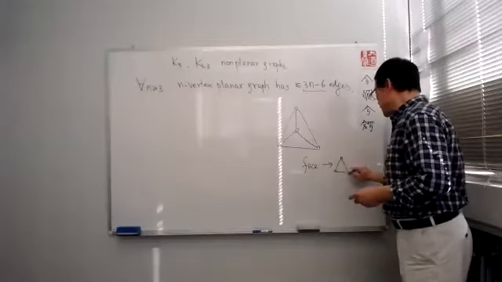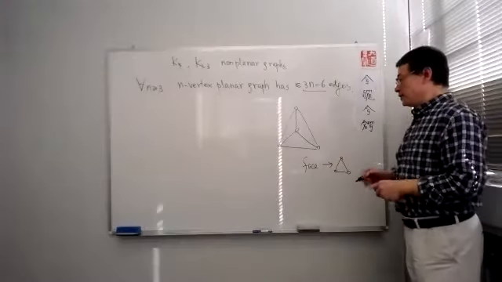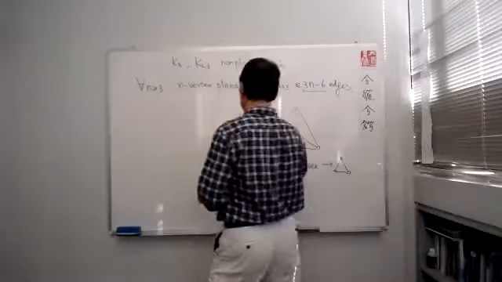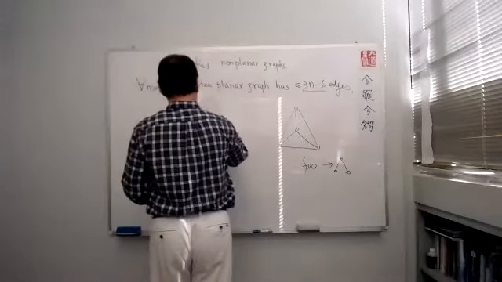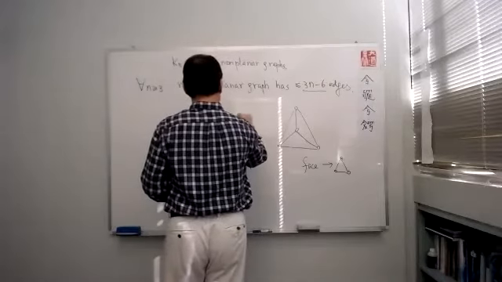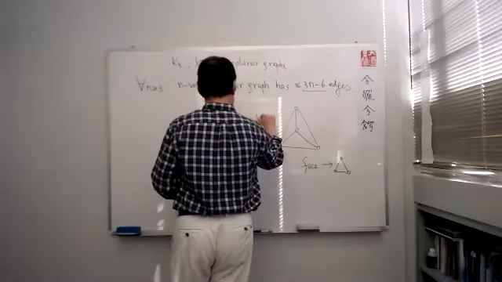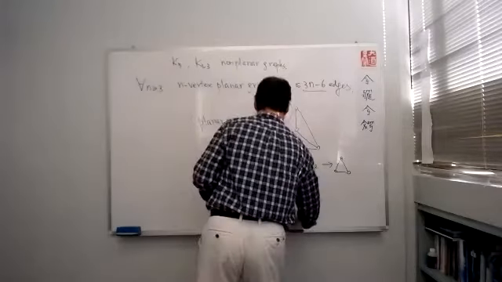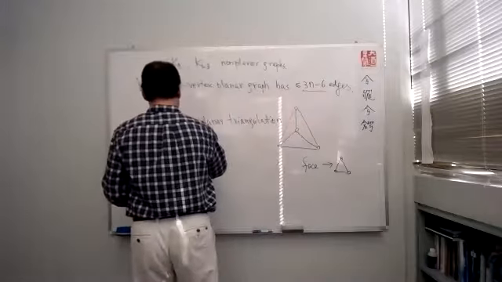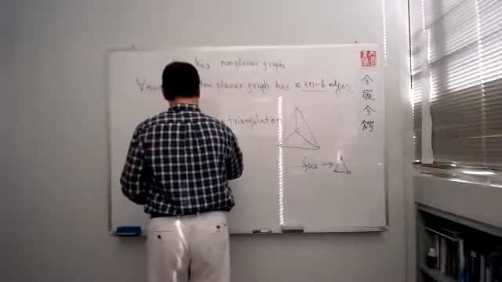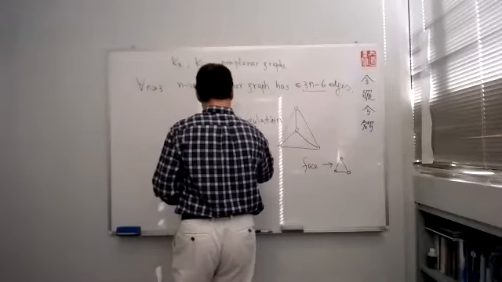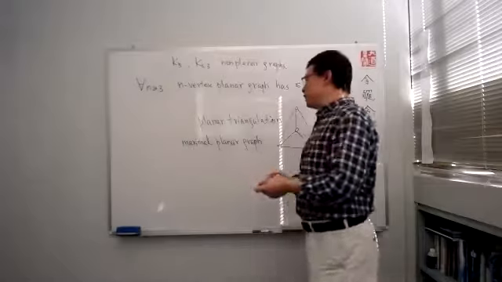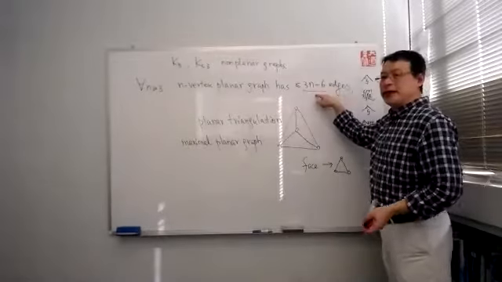The graph we obtain is called a maximal planar graph or planar triangulation.